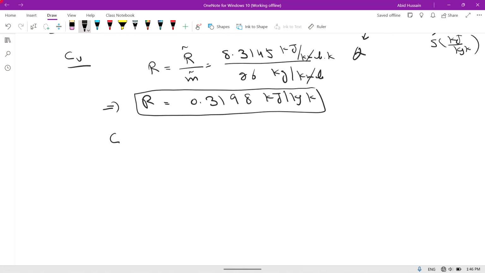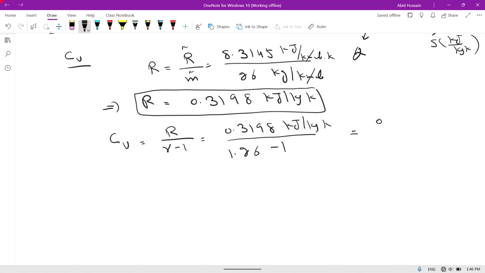And the formula for CV is equal to R divided by gamma minus 1. The value of R is 0.3198 kilojoule per kilogram per Kelvin divided by gamma minus 1, which is 1.26 minus 1, equal to 0.26.